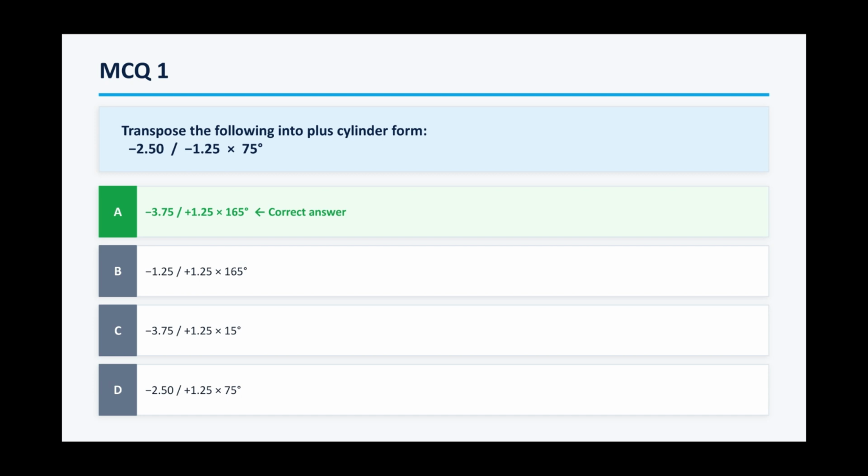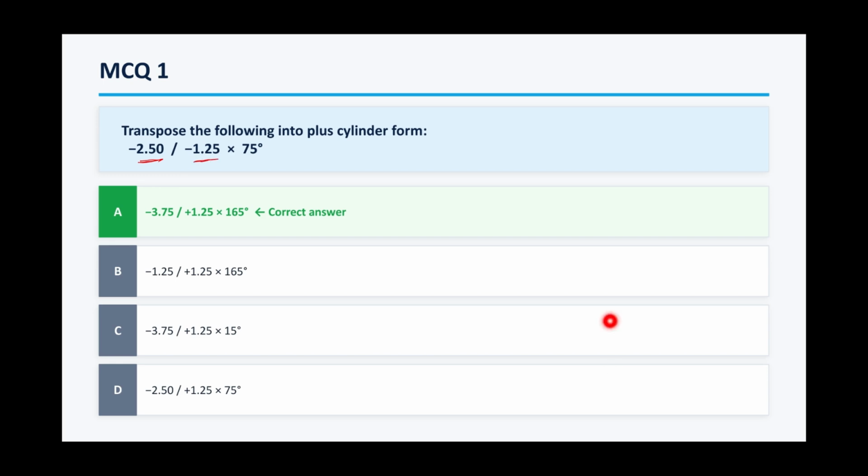So let's assess whether we have followed all the instructions and we have understood the procedure of simple transposition. So the first question is transpose the following into a plus cylinder form. Okay, so what have we learned? Minus 2.5 is the sphere, minus 1.25 is the cylinder.